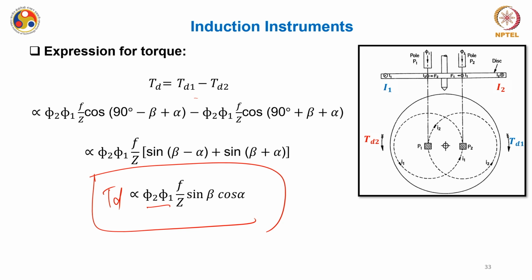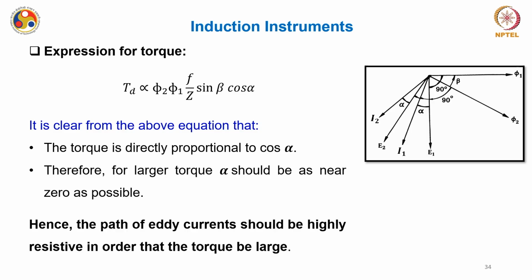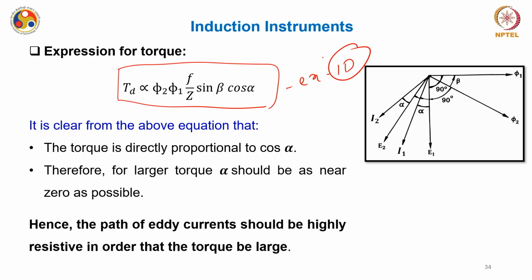So we have found an expression, say this is expression 10, that the deflecting torque is directly proportional to phi 2 into phi 1 into F by Z sin beta into cos alpha.